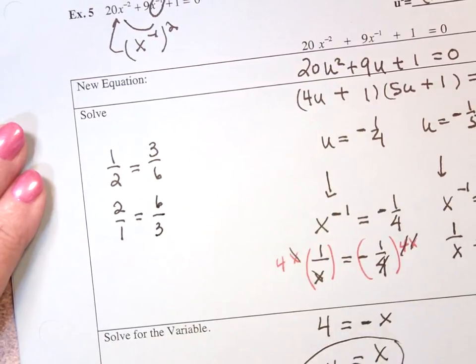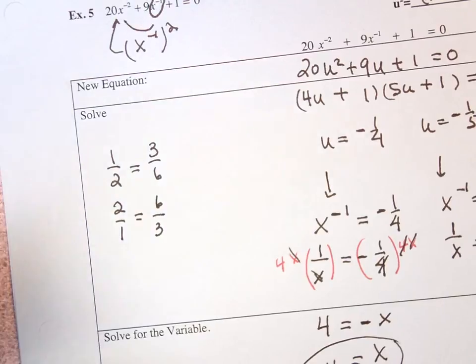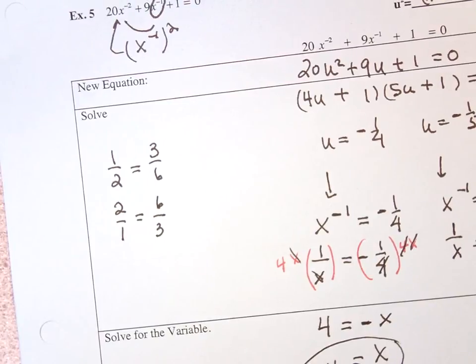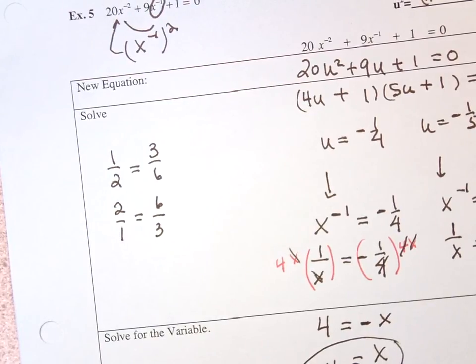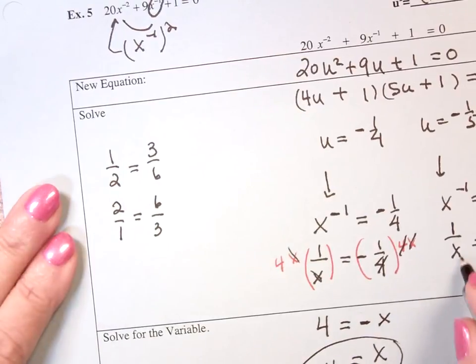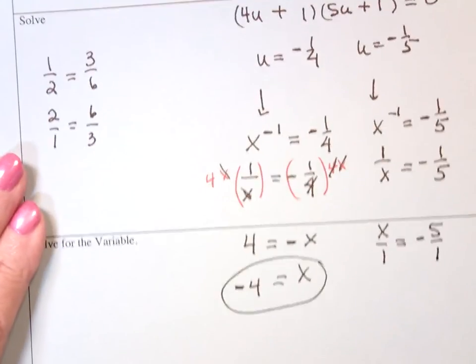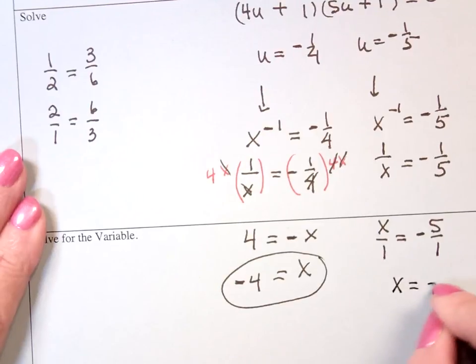That's also true. So whatever I do to one side of an equation, I do to the other side of the equation, it's true as long as I do the same thing. So that means that I could say 1 over x, well, this would be x over 1. And 1 over 5, this would be negative 5 over 1. So that x is negative 5.